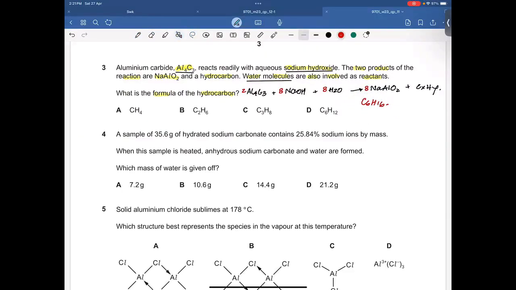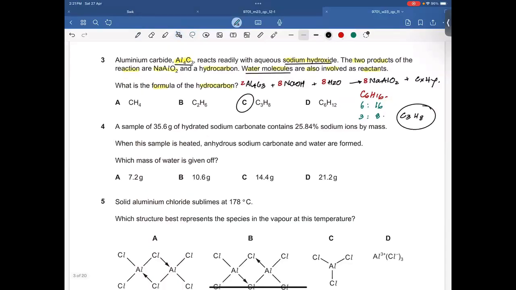It's tricky. This is 6 ratio, my bad. This is 6 ratio 16. So it's going to be 3 ratio 8. Oh, yes. It's going to be 3 ratio 8. How many carbon after ratio? C3. And how many hydrogen atoms? 8. C3H8 is the hydrocarbon. And therefore, C is going to be the right answer. My goodness, that's not an easy question.